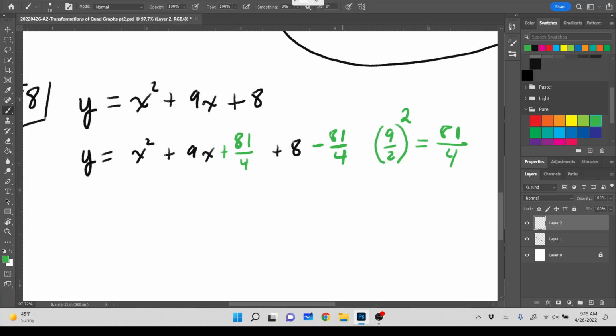We didn't do it on the other side. It's on the same side, but we're adding it and then we're also subtracting it. Because 81 fourths minus 81 fourths is 0, so we can do that legally if we add it and subtract it, both. Okay. Now what are we going to do?